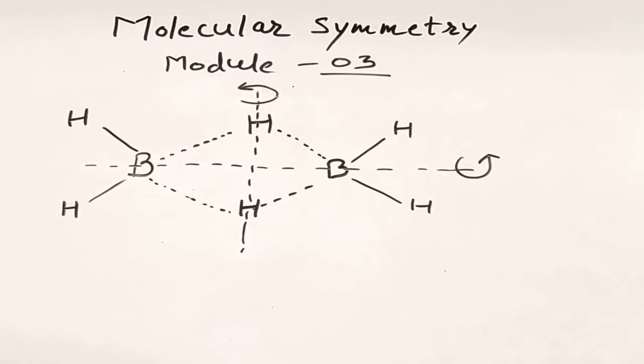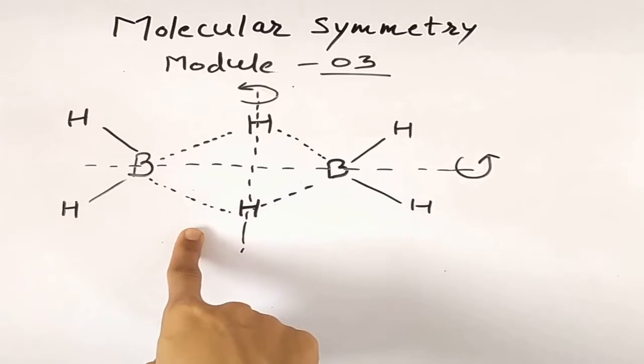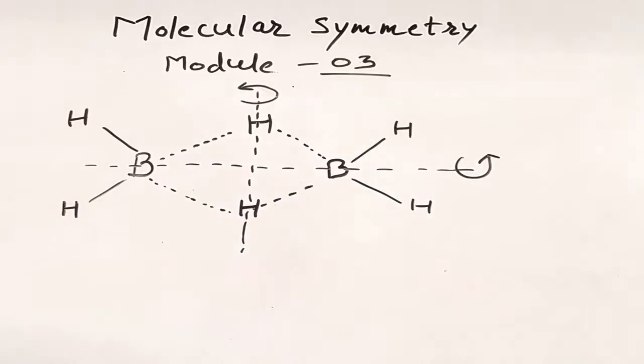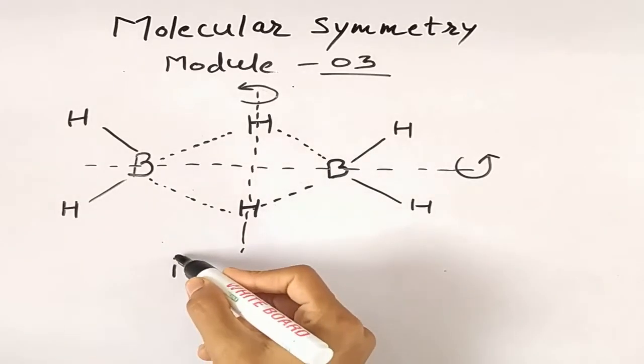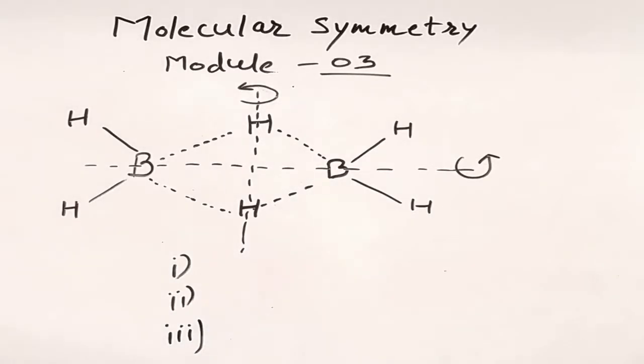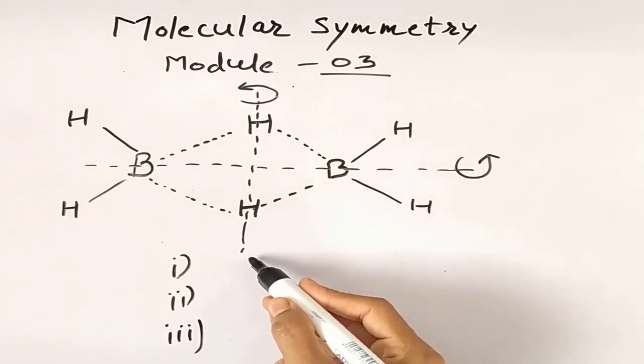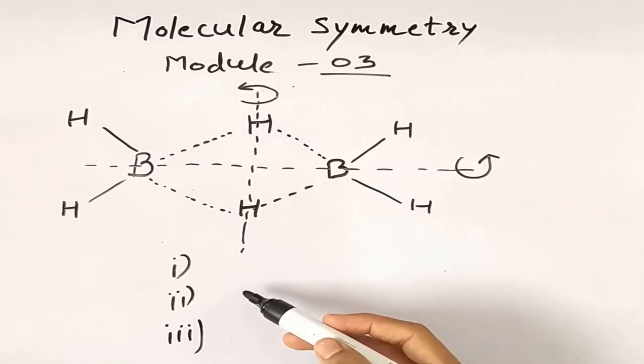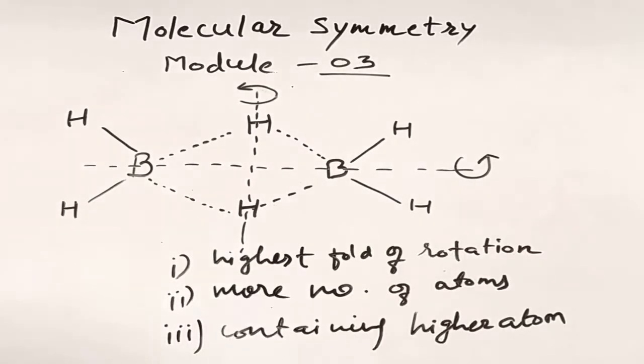And I have told you to find out the rotational axes, the principal axis and subsidiary axis in the diborane molecule, that is B2H6. I have told you 3 rules by which we determine the principal axis. The first one was the line having the highest fold of rotation becomes the principal axis.